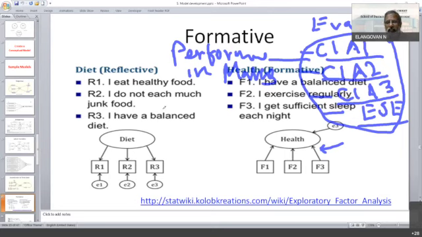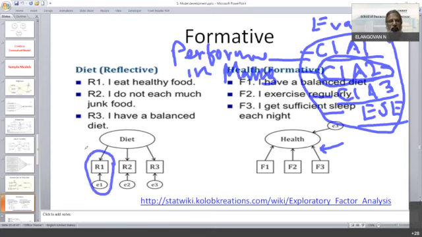Here, the difference between the reflective and the formative construct is, even if one item is missing, this variable is not complete. But in a reflective variable, in factor analysis, sometimes when there is a problem, we try to drop the item.